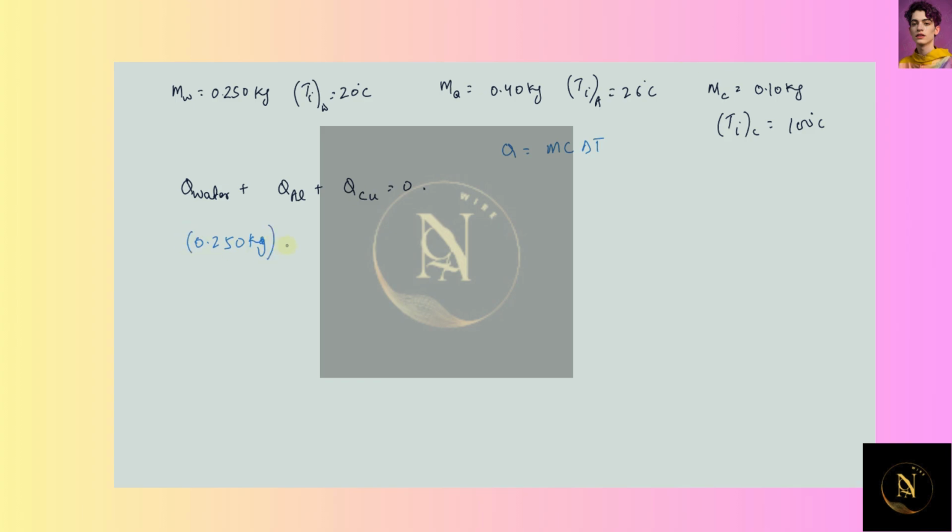So times C, here C is the specific heat for water, which is 4186 joule per kg degree Celsius, times delta T, that means final temperature minus the initial temperature. So T final we have to calculate, and the initial temperature for water is 20 degrees Celsius, plus similarly the heat for aluminium is mc delta T, but here we have to include the mass of aluminium.